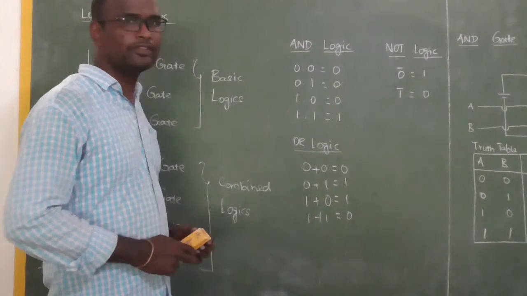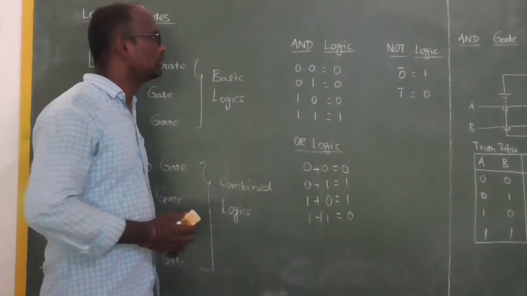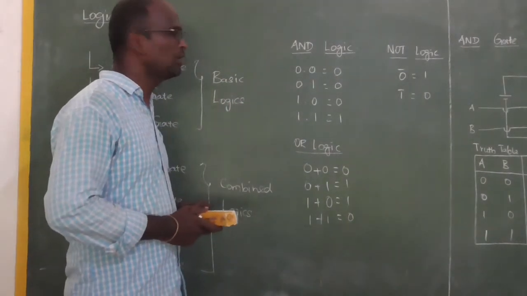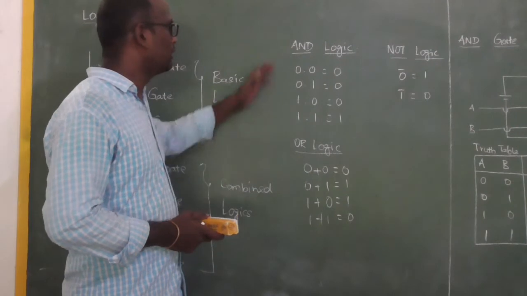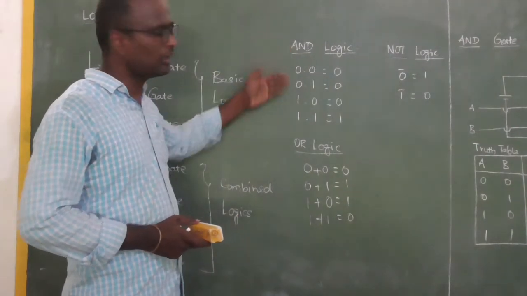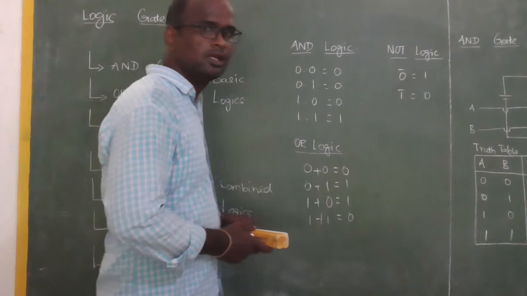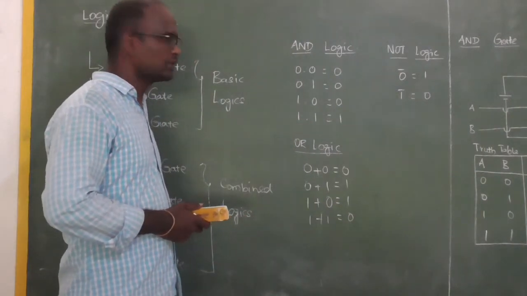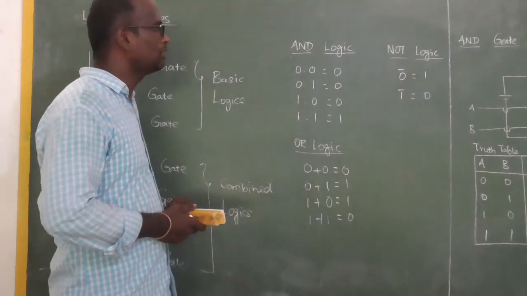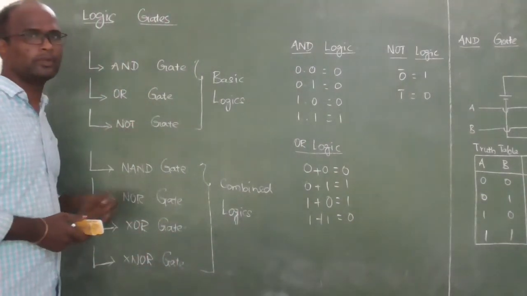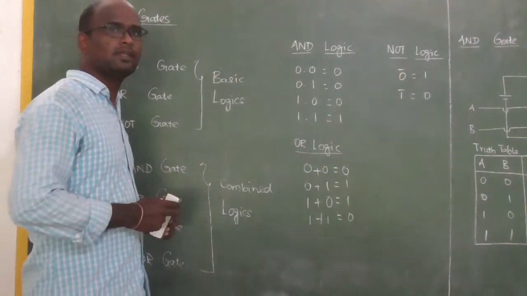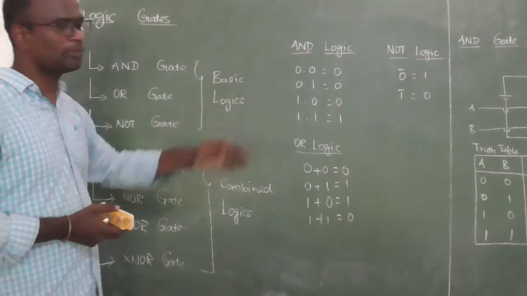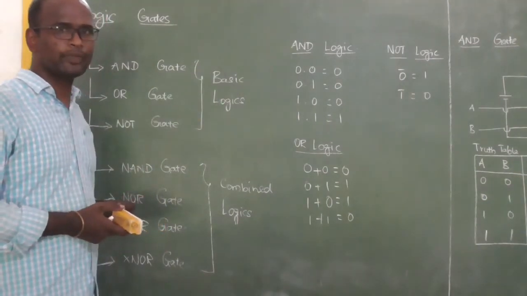So we have to design the electronic circuits to perform the logical operations proposed by Boolean algebra. These 3 logical operations can be performed by electronic circuits called AND gate, OR gate and NOT gate respectively. So how do we design these 3 basic logic gates?